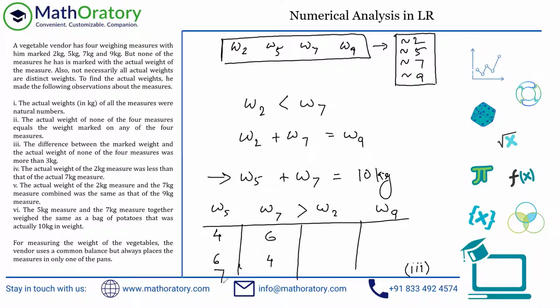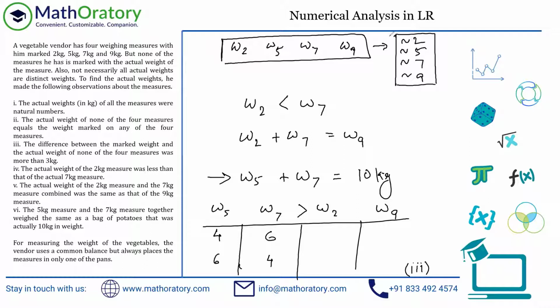If I do take 7, then the problem is that it violates this condition, right? None of these weights could be 7 kilos. So that is not possible. And I also cannot take 8, because if I take W5 as 8, then W7 has to be 2, which again violates this condition. So effectively, these are the only two possibilities that we have for W5 and W7. So either 4 and 6, one of these two is 4, the other one is 6, right?